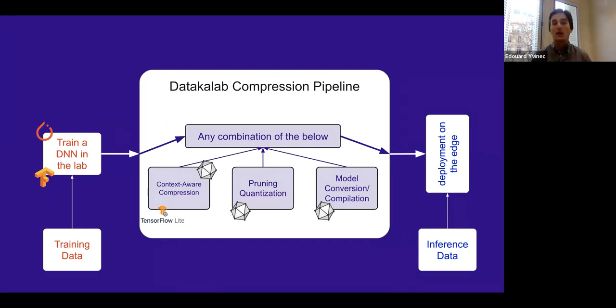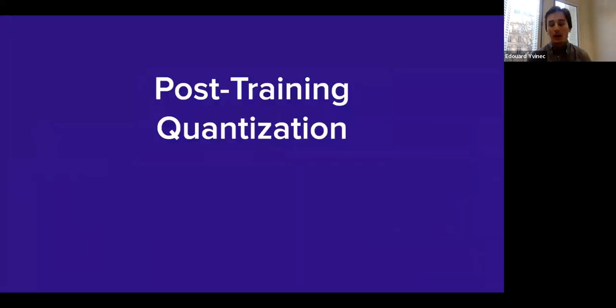The first one will be context over compression. This will be my last part of the presentation, and also model compilation. This I will not detail, but essentially it outputs something that can efficiently run on the dedicated hardware.